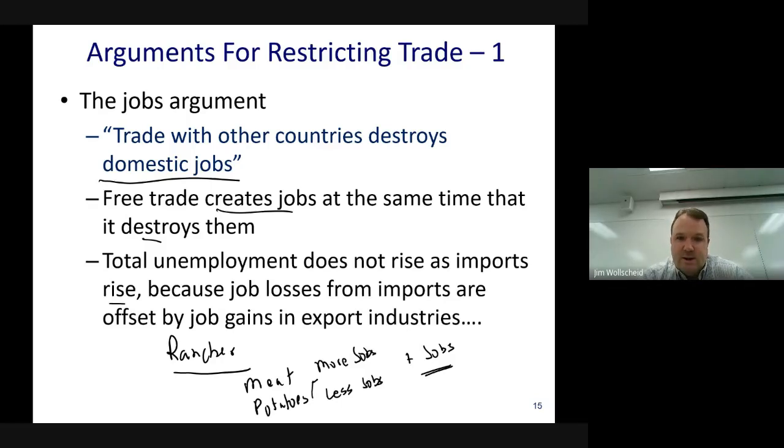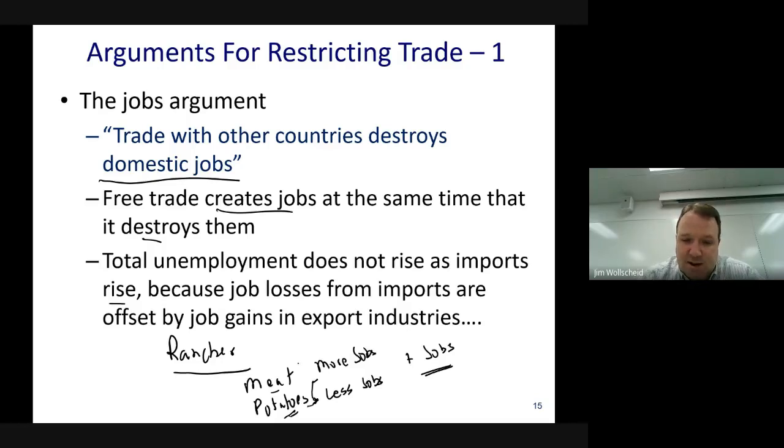sticking point, because at least if you think about the United States, certain areas of the country might produce potatoes, while a different area of the country produces meat. So if I'm a politician and I represent a potato industry area, I might not be in favor of free trade because the people in my sector are going to be hurt.